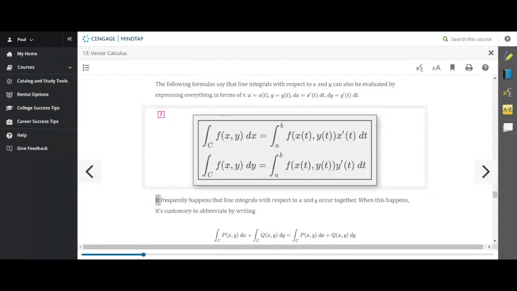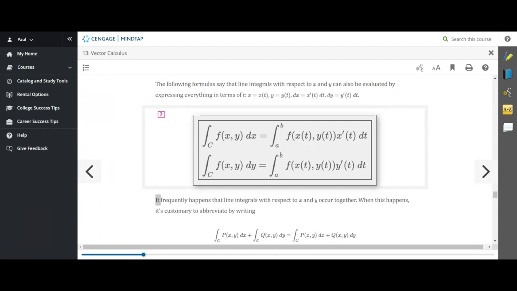Those are the two formulas for line integrals with respect to variable x and with respect to variable y. So these line integrals ultimately have tremendous applications, and you're going to see that today.